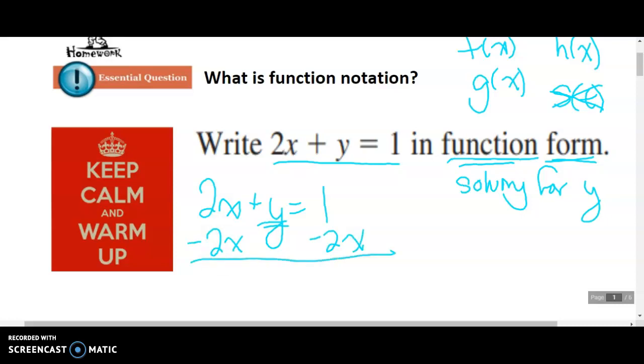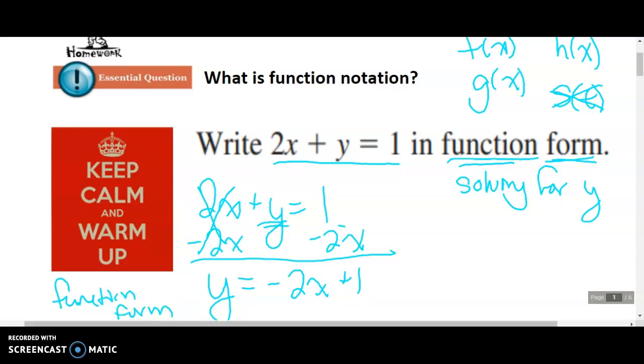Now we have y equals, and we're going to write the x first. So negative 2x, and this is a positive 1, plus 1. This is function form. So function form is y equals negative 2x plus 1.